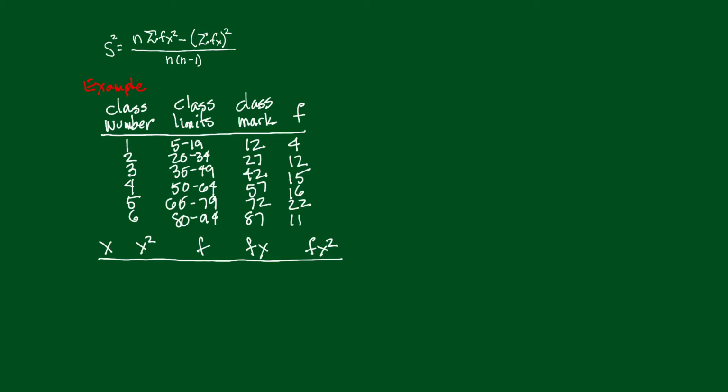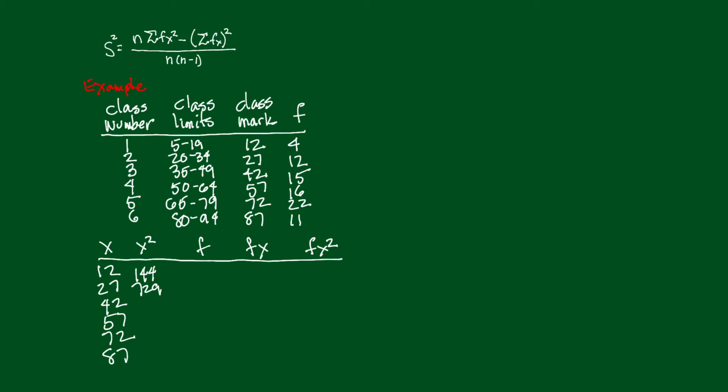So let's write our x's. All right, so the x's, these are the class marks, right? So we have 12, 27, 42, 57, 72, 87. Now, we need to square each one of these. So 12 squared, I know that one. That's 144. 27 squared, I don't know that one off the top of my head, but I can get it. 729.